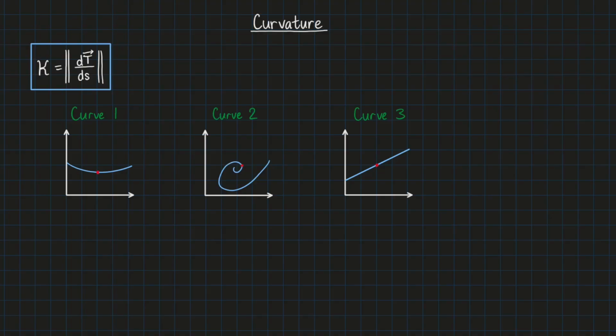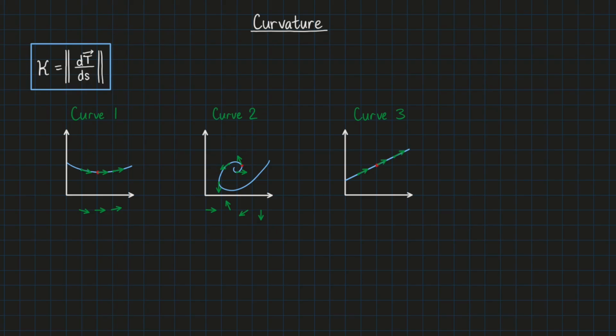Let's see how the unit tangent vectors change around the red points at each curve. For curve 1, if we go this much along the arc length, you can see how there is a slight change to the unit tangent vectors. Let's take a look at curve 2. Going along the arc length for curve 2, the direction these unit tangent vectors are pointing vary a lot more than they did for curve 1.